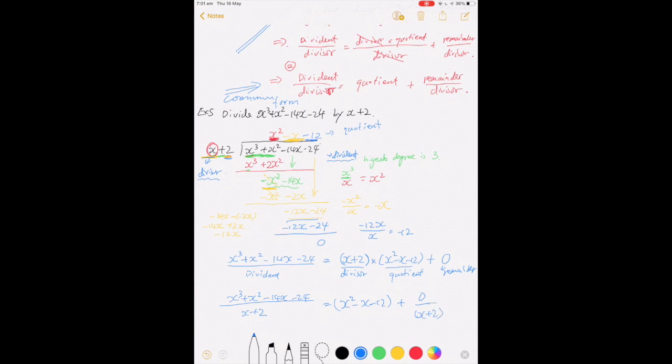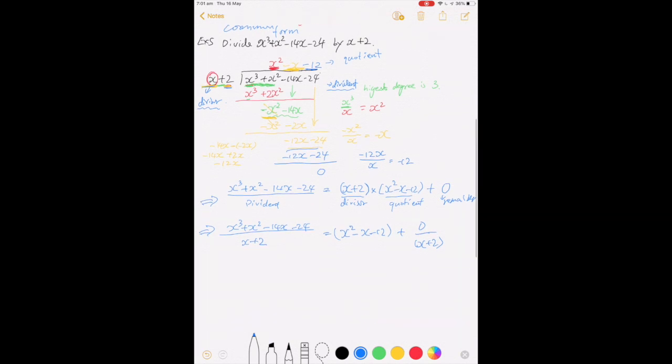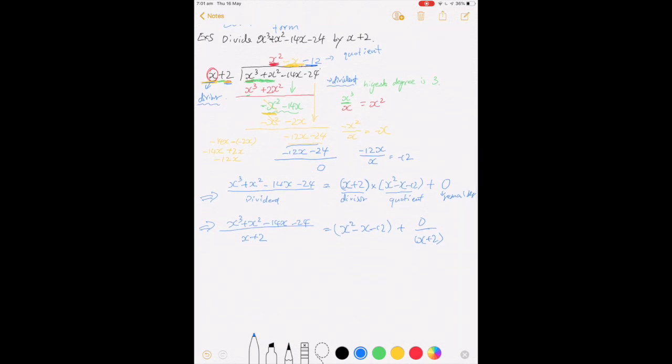So these are the two different forms that you can write after you finish the non-division. Alright, so now let's do one more example. Example 6.